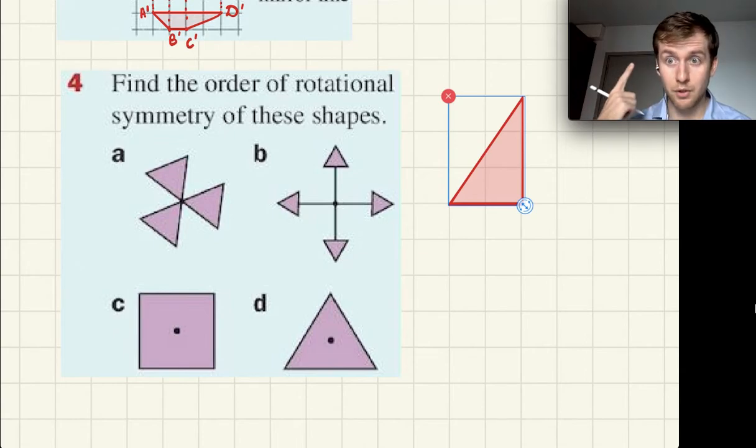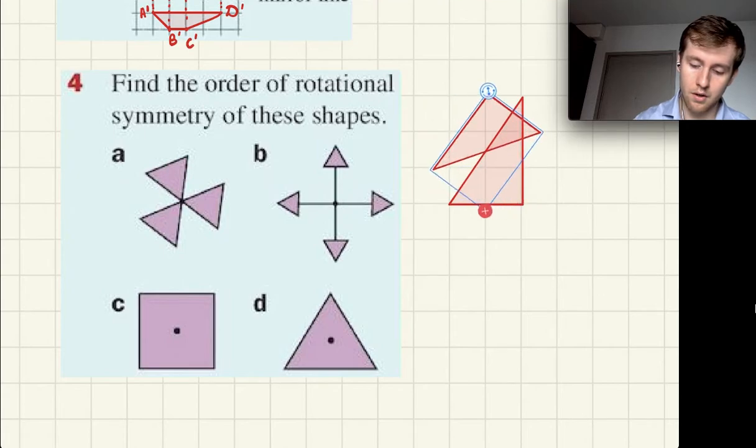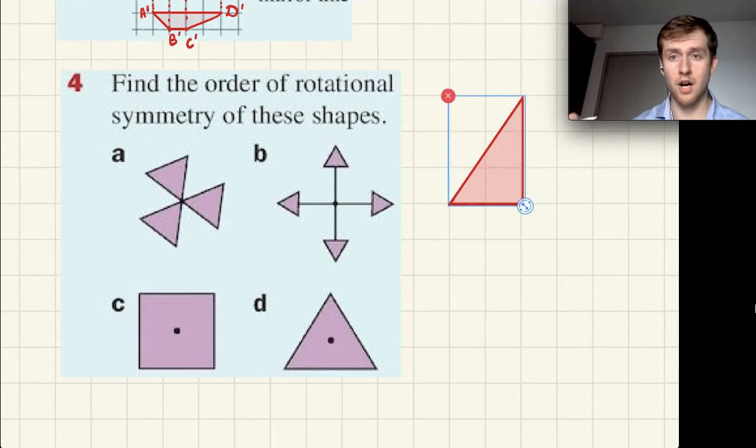Then you rotate it, rotate it, and it does not fit itself at all during the rotation. Finally, we are back to the start. So for this triangle, the order of rotational symmetry is equal to 1.